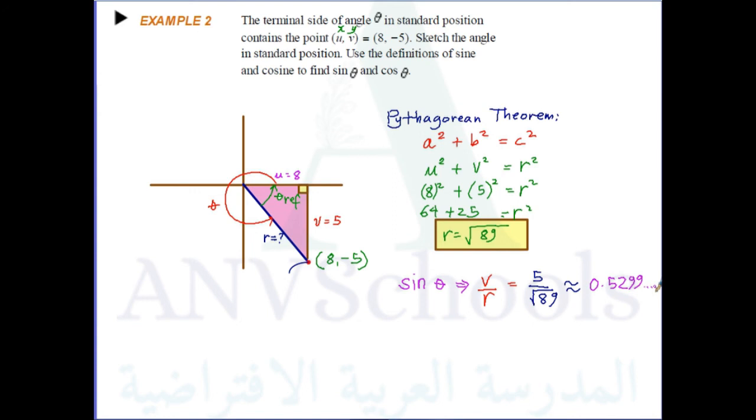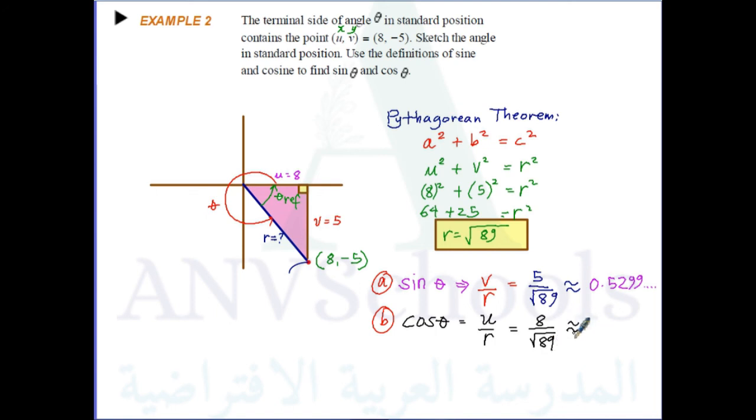Okay? Now for the value of cosine, so this is for our sine, and for our cosine, so cosine of theta is just equal to u over r. And our u here is 8. So we have 8 over square root of 89.